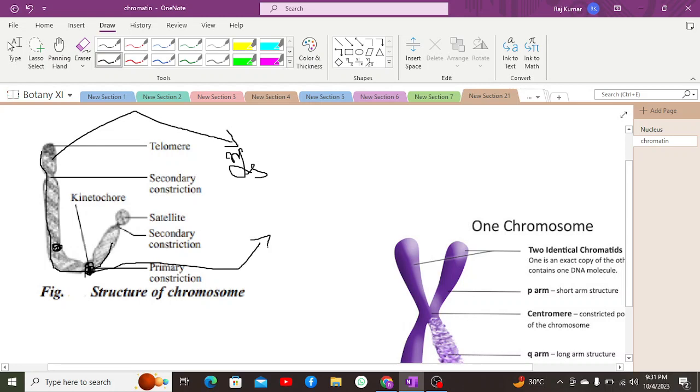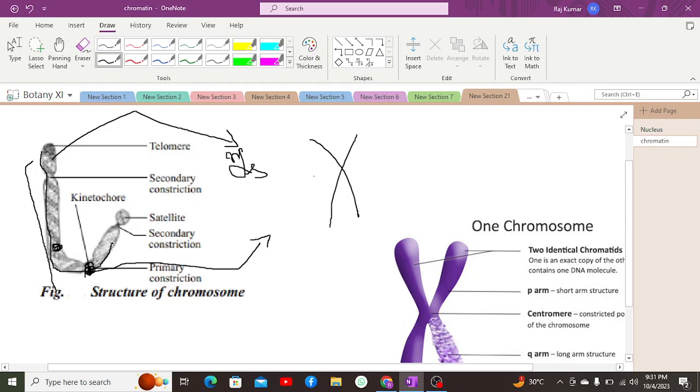It is a constriction, a depression present inside the chromosome, which connects the chromosomal arms.